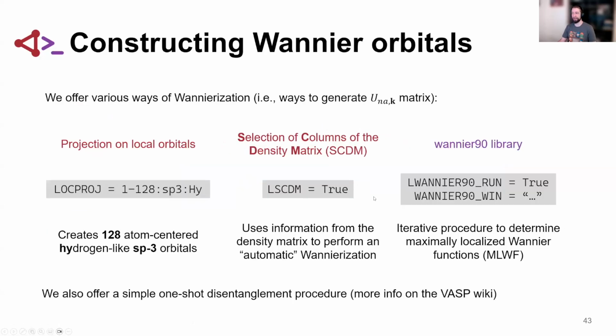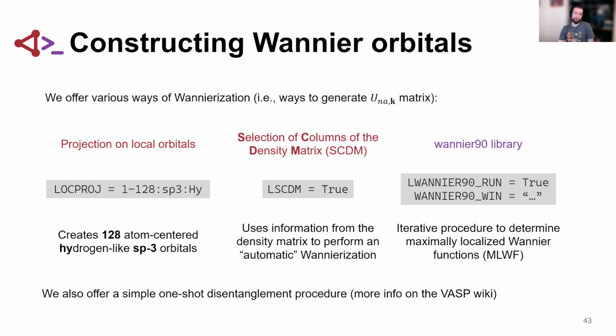The remaining aspect is still how do you obtain Wannier orbitals in VASP? And we do offer various different ways to generate these U matrices. The simplest one is to just project on local orbitals. These can be atomic orbitals or hydrogen-like orbitals, something that is already localized. And when you project on these functions, you can just say, okay, this projection, when I orthogonalize it properly, is my Wannier orbital.